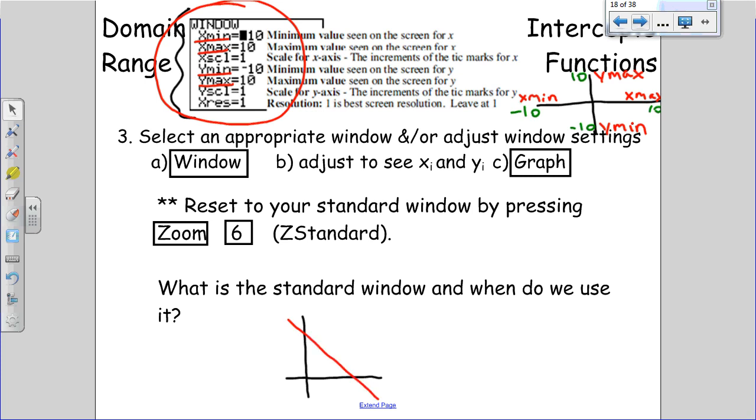You should have your axes like that. You'll notice that you're much more zoomed in up here. You no longer see all that wasted space. You can now see your Y-intercept right there and your X-intercept right there. And that's your goal when you're setting a window. You want to be able to see your Y-intercept and your X-intercept.